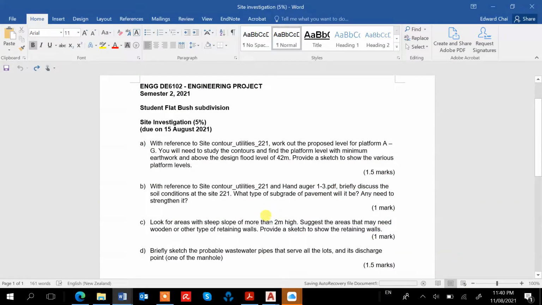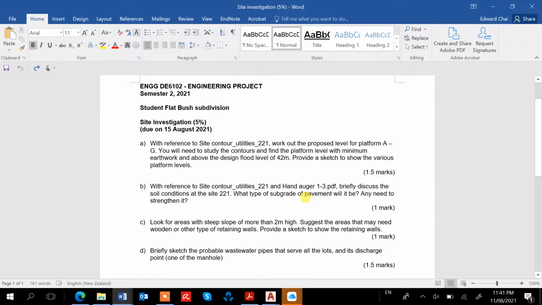The second part is we need to look at the hand auger, the soil condition of this parcel of land. We don't have the actual hand auger or borehole results for this 221, but I made use of the neighboring parcel of land and adopted it to this parcel 221.